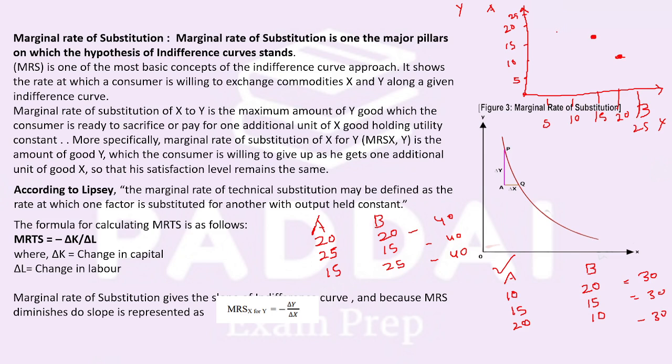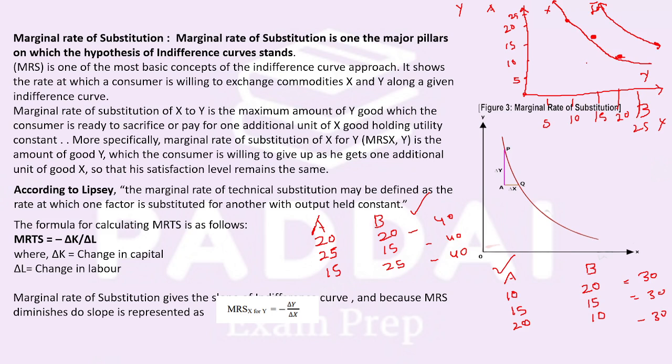Clear? 20, 10, so 20 and here it's 10. So now when I draw a curve, it's somewhere like this. This is an indifference curve. And similarly, when I draw this, it will come somewhere upward. Here. Here.